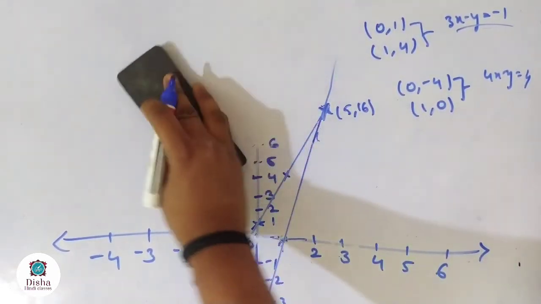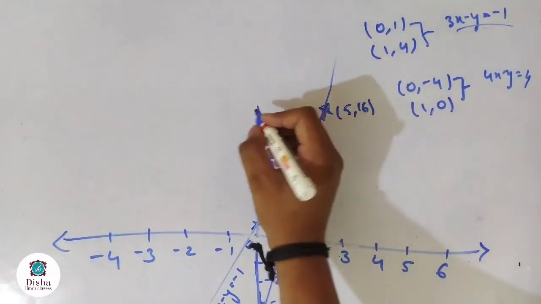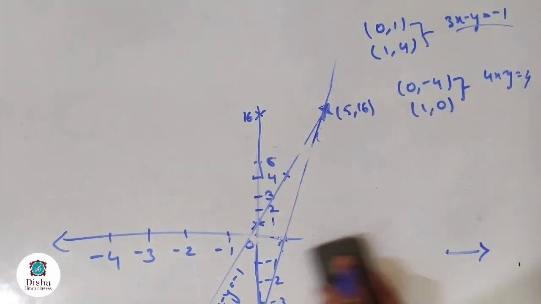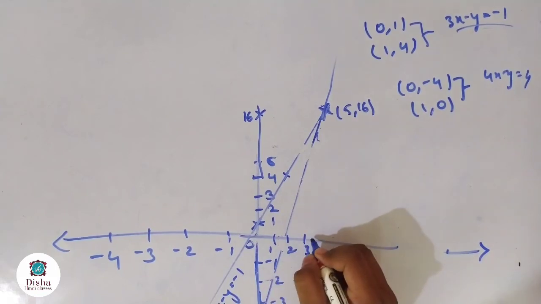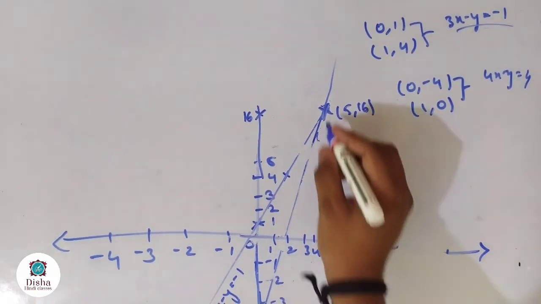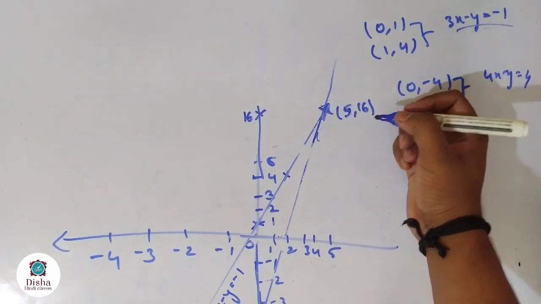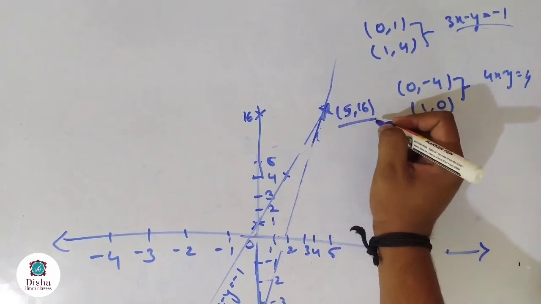I am erasing it all so there will be no confusion for you. I'll write here 16, and 1, 2, 3, 4 and 5. So if you draw on graph paper, these lines would intersect at 5, 16.